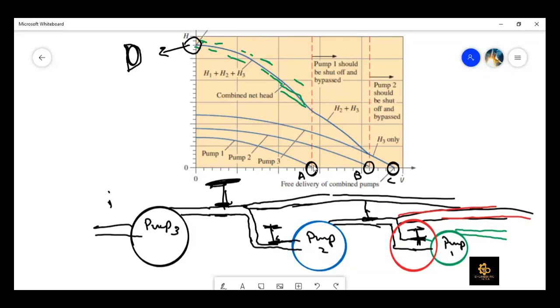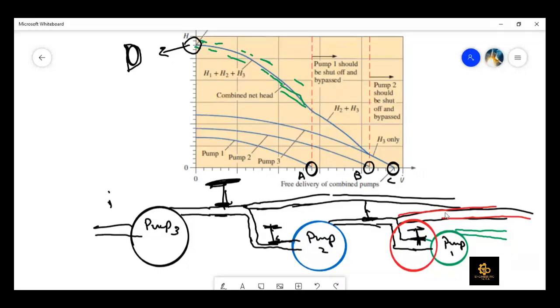But if we operate it beyond point A and less than point B, then we need to make sure that pump 1 is switched off and the line is bypassed. So the fluid which is coming out of pump 2 would go directly without passing through pump 1.